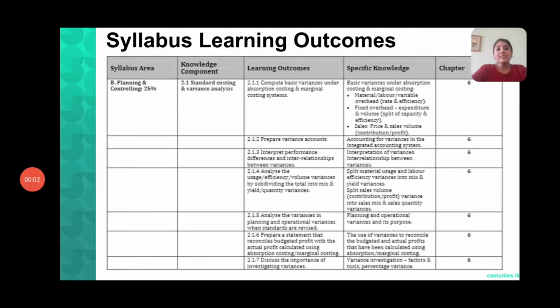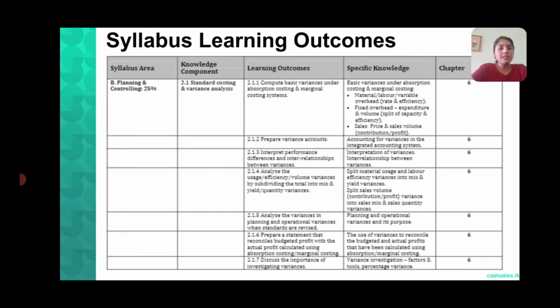So your next learning outcome is designed for a new section, which is planning and controlling, which is 25%. So the knowledge component covered here is 2.1 standard costing and variance analysis.